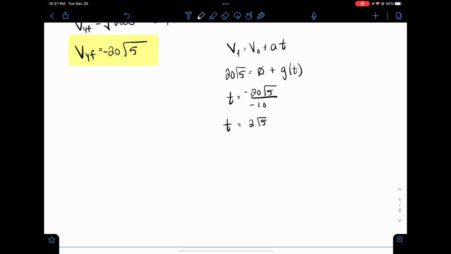So if we're looking for total final speed on impact, our V final is going to equal the square root of 10 squared plus negative 20 square root 5 squared. So this is going to equal 100 plus 20 squared times 5.